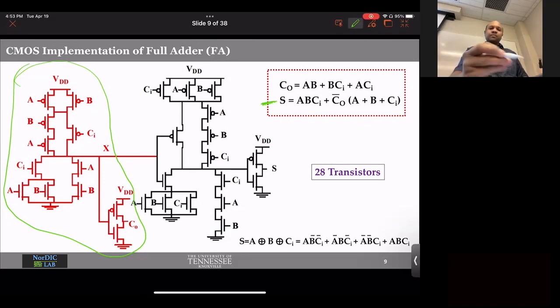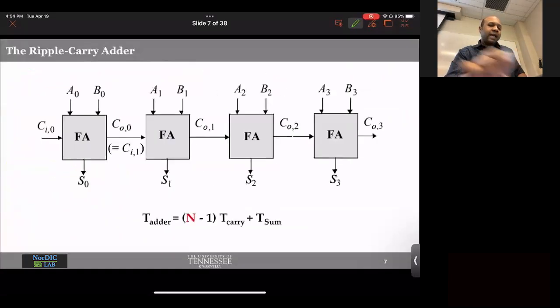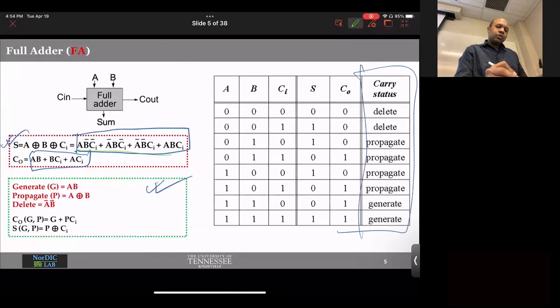The sum function. In a sum function, you have A, B, and Ci, but you also have C out. By the way, this is a modified sum function. This is not the exact sum function as you saw here. Okay, so people came up with an intelligent way to merge this C out with sum.